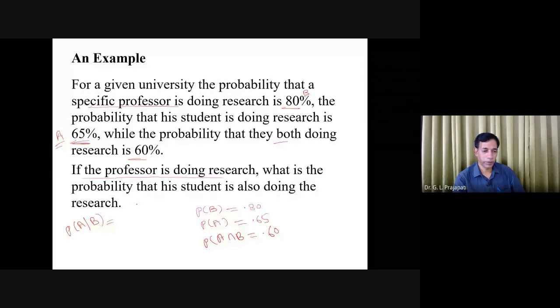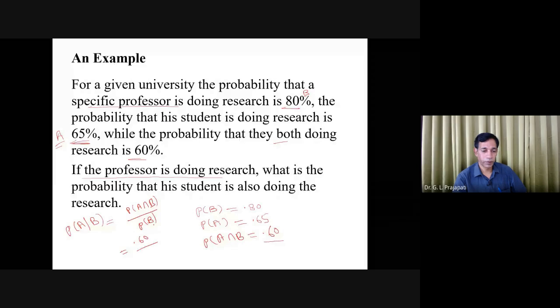And what is the probability that the student is doing research? Then simply you know the formula. This is equal to the probability of A and B divided by the probability of B. The probability of A intersection B, meaning both are doing research, is 0.6, and the probability for B is 0.8.